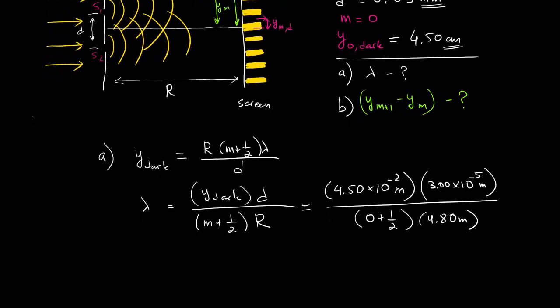We punch this into our calculator, and the result is 5.62 times 10 to the negative 7 meters, or 562 nanometers.